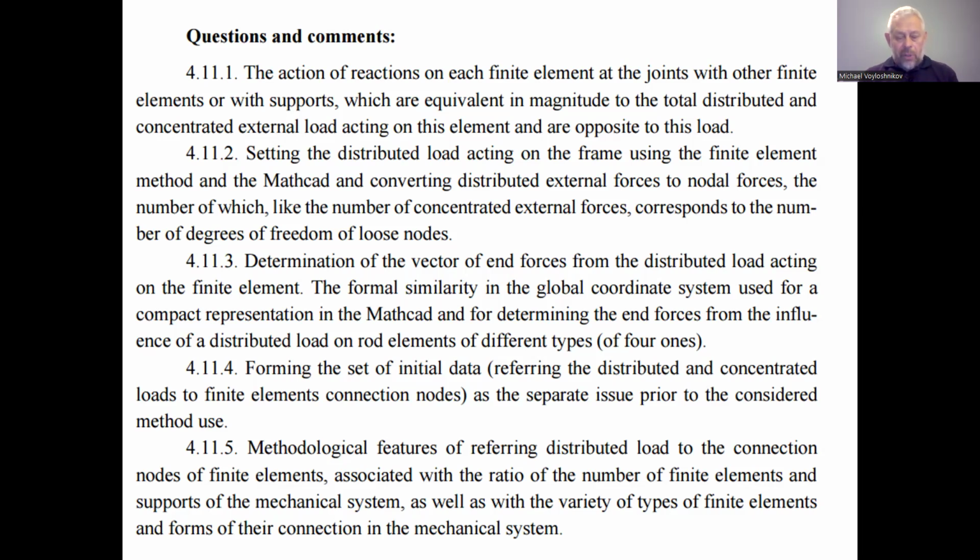4.11.5 Methodological features of referring distributed load to the connection nodes of finite elements are associated with the ratio of the number of finite elements and the supports of the mechanical system, as well as with the variety of types of the finite elements and the forms of their connection in the mechanical system.